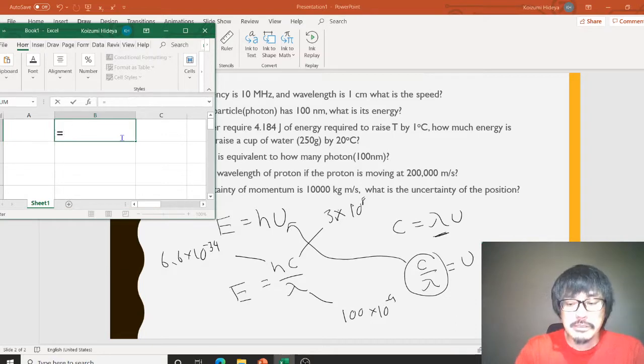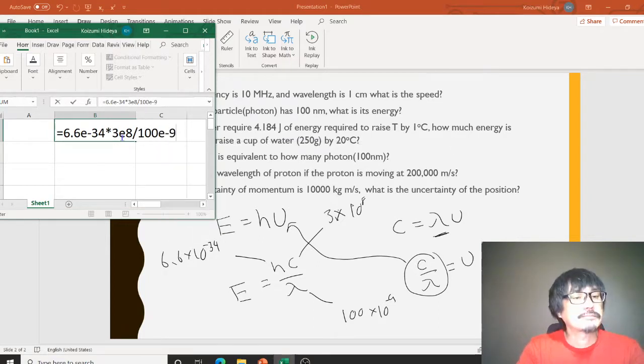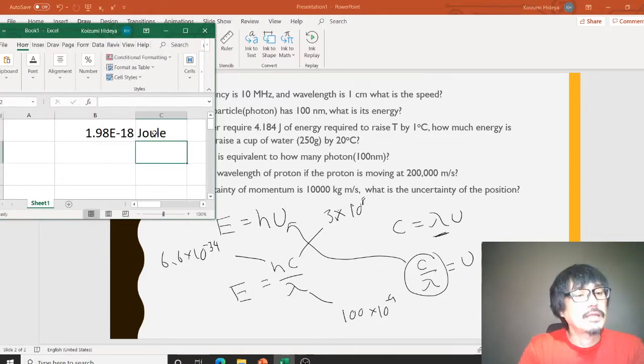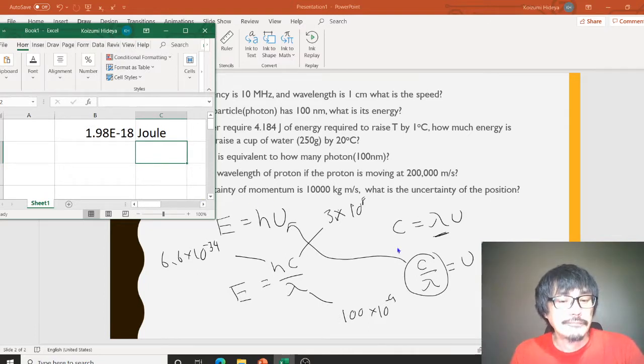Equal 6.6e-34 times 3e8, the speed of light, divided by 100e-9. So that's the energy of the light. Notice that I changed everything to SI units, so what comes out of the equation is always in SI units, so I automatically get joules.